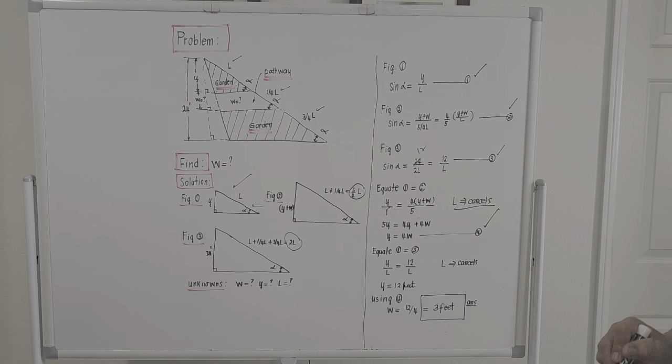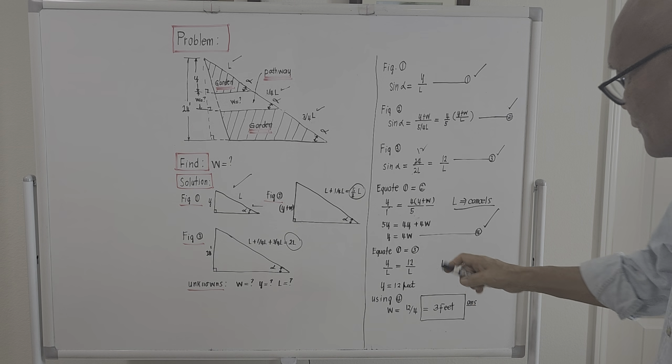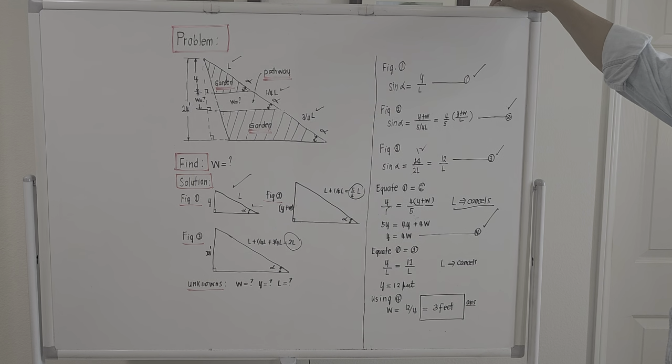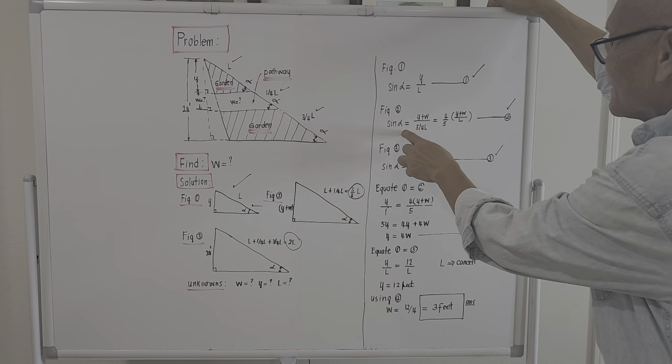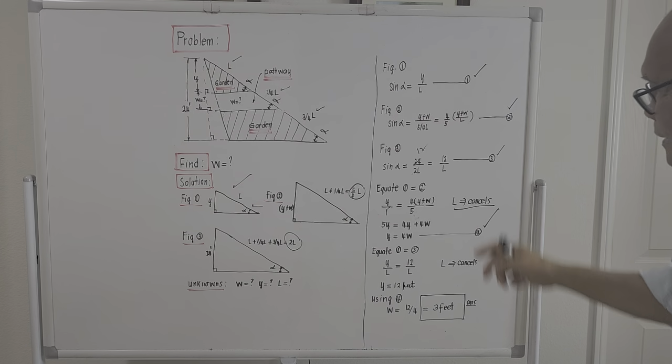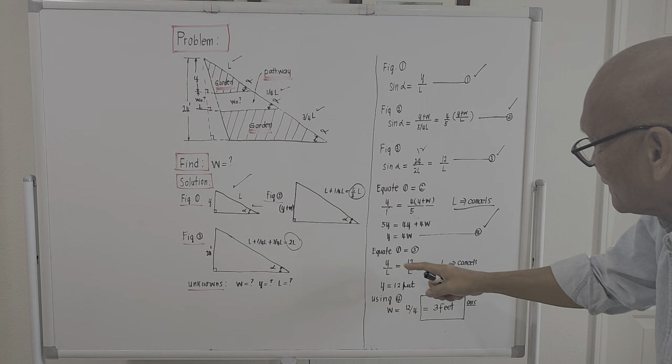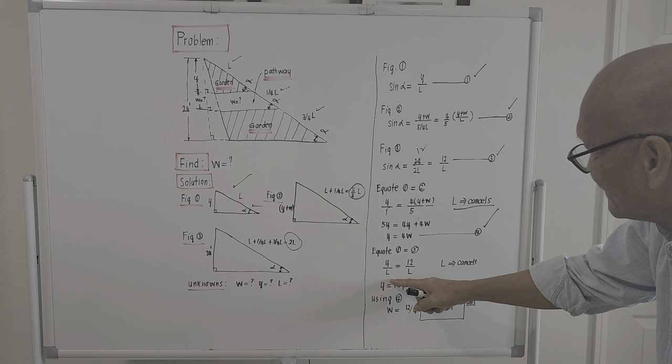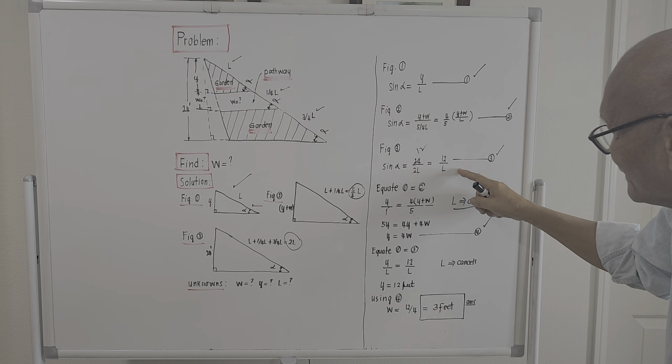We will equate again equation number 1 and 3, because this alpha here is the same as this one. Using equation number 1, sine of alpha is y over L. Using equation number 3, the value of sine of alpha is actually 12 over L. Luckily, the L cancels, so we get a 1 underneath here and a 1 here.